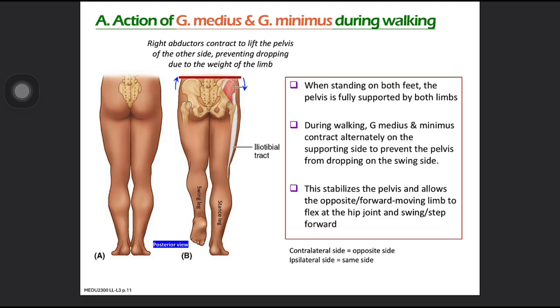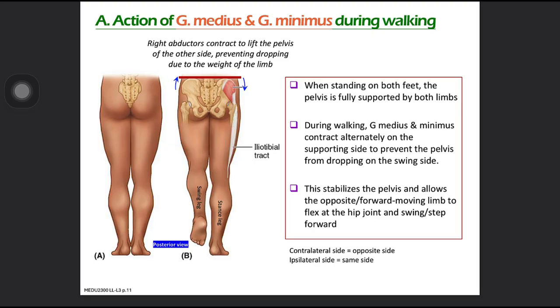We actually have to make the pelvis supported and lift up a little bit, so that we have enough room for the swing leg to swing forward. If not, if everything stays at the same level, you will drag your toes through the ground.